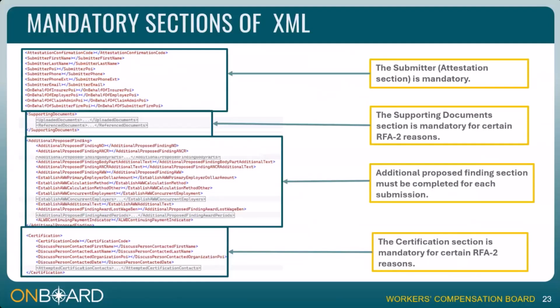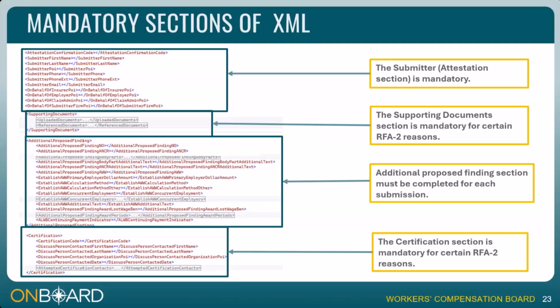The supporting documents section, which is where you will fill in a valid document ID and details from the case folder, or you can fill in details of a document to be uploaded to the case folder and attach the actual document, but in base 64 format. Only JPEG and PDF files are currently allowed. This section is mandatory for some RFA-2 reasons and not needed for other reasons, like the CPD.